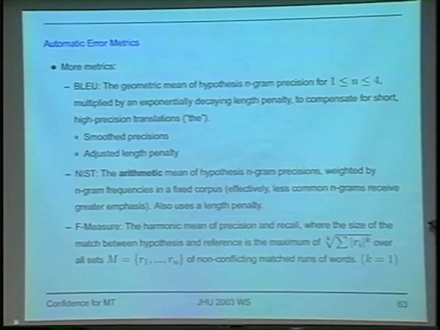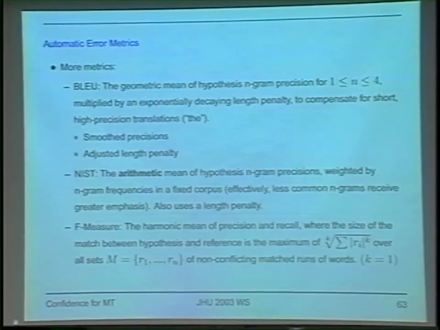And what we also did was to adjust this length penalty. In the same way, we adjusted it to be less harsh, the intuition being that on a sentence level, you get much more variability that would average out over the course of the document. But we found that the standard length penalty was too harsh, and we got better correlation adjusting it.